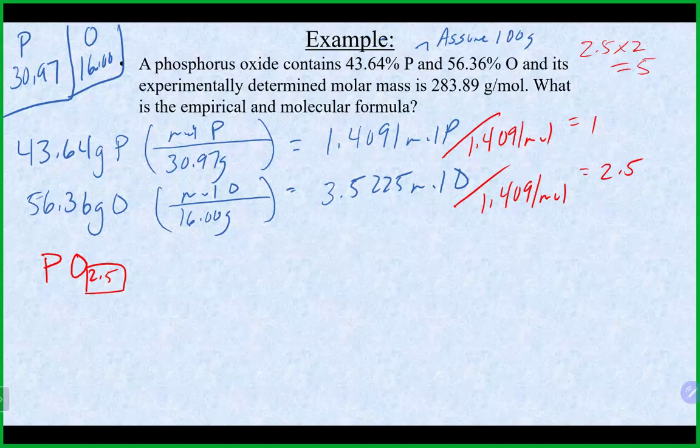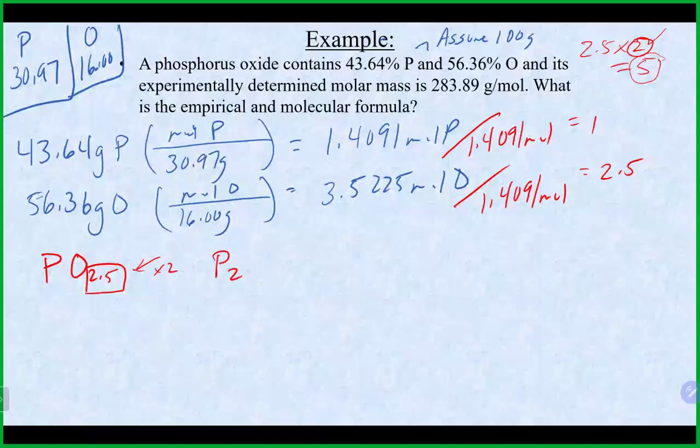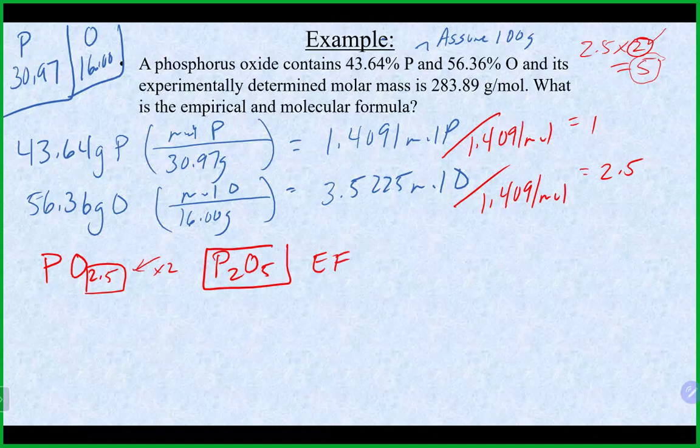Remember, sometimes people multiply by 5, but we actually want to multiply by a factor of 2. That gives us P2O5, and that would be our empirical formula at this point. Any questions on any of those steps?